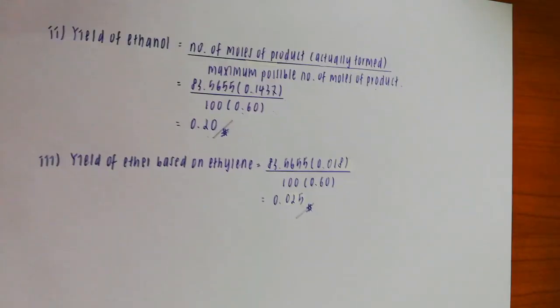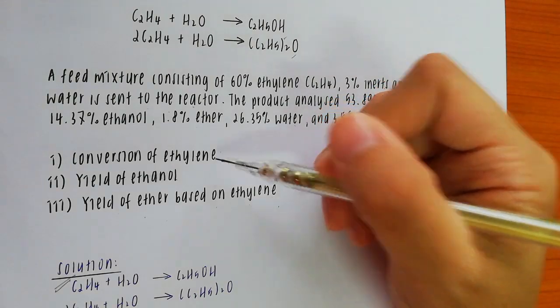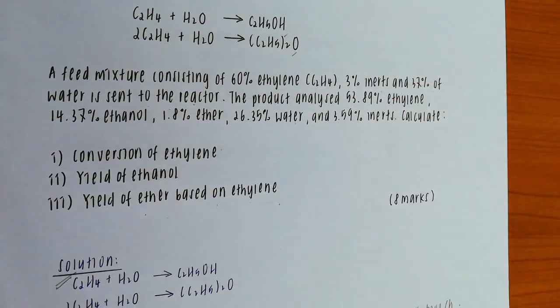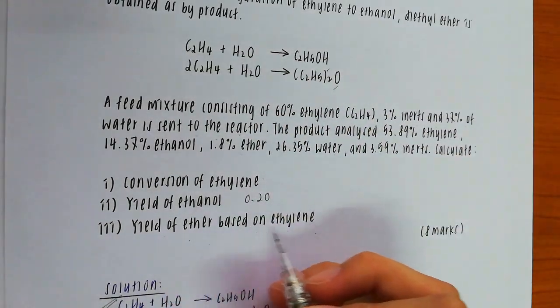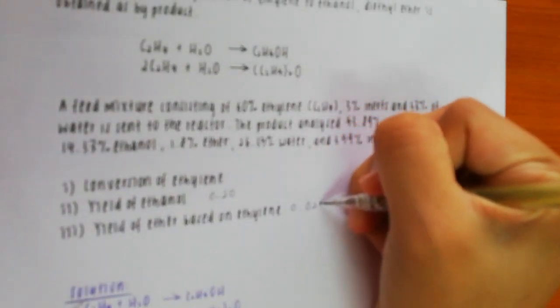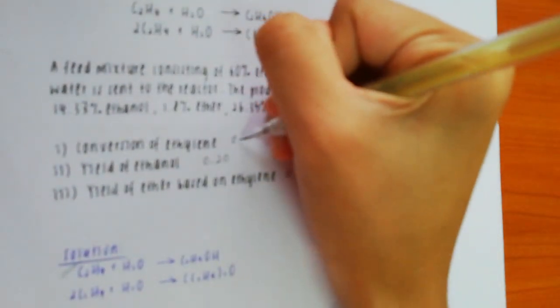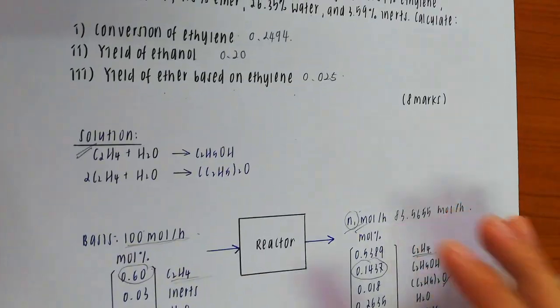Now the question is solved. The conversion of ethylene equals 0.2494. The yield of ethanol equals 0.2. And the yield of ether based on ethylene is 0.025.